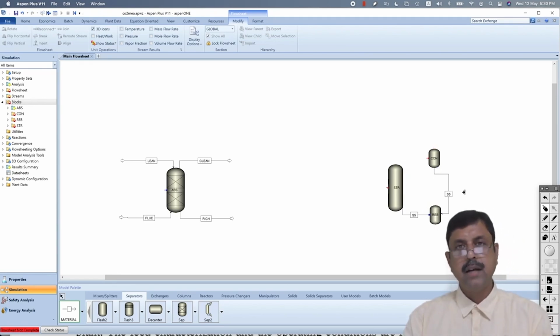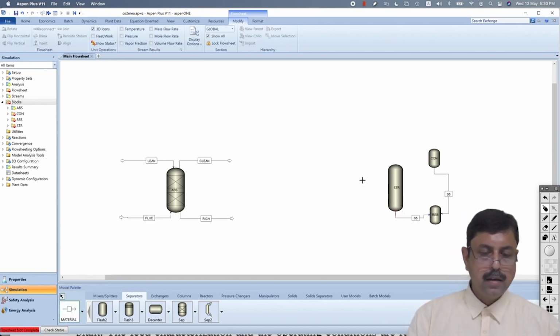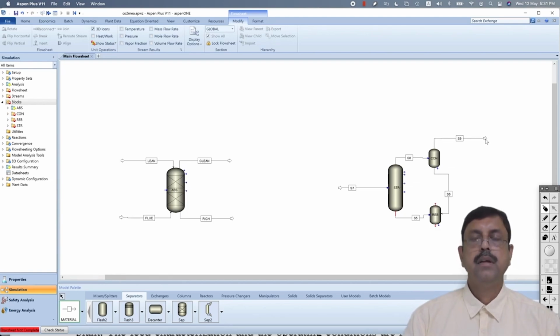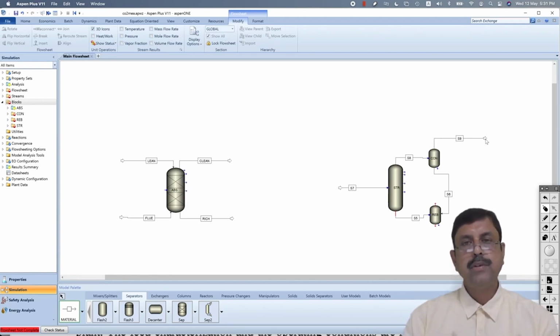Mixing means you can use a mixer, but even otherwise you can just throw it inside the reboiler. Either way it will work. Okay, and then this is the stream in, this is the stripper outlet to the condenser, and this stream should be pure CO2. If not pure, it is mostly CO2. All other things have been knocked off.